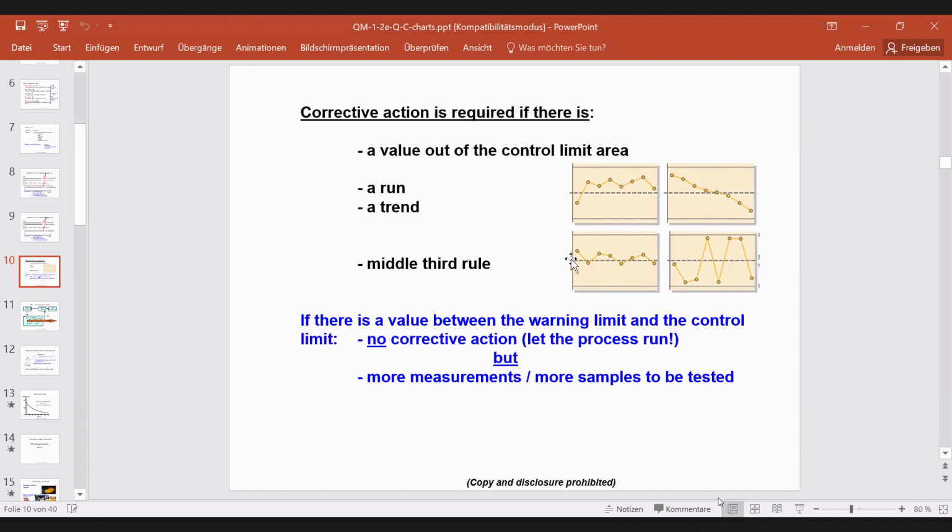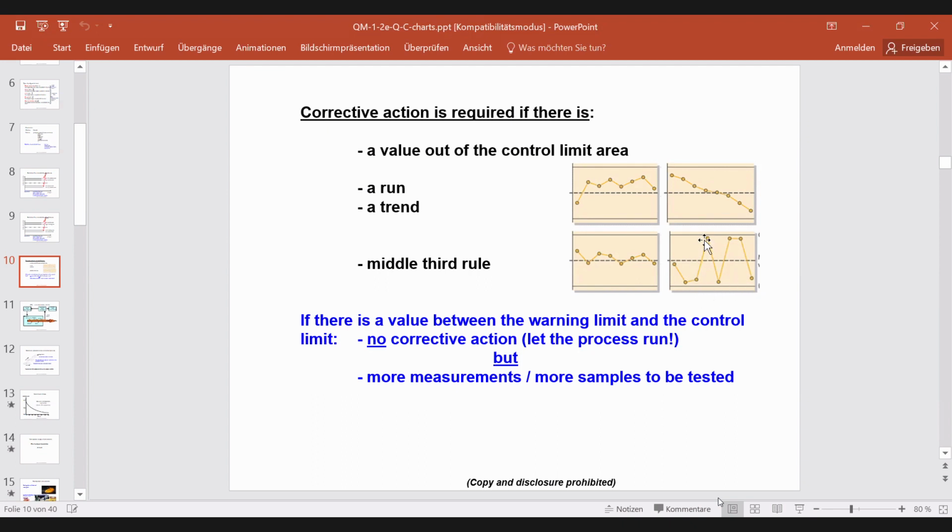If 60 or 70% are, so this means 2/3 of all the measurements are in a 1/3 area around the target, then it's okay. Here in this example on the right side, there are very many measurements.